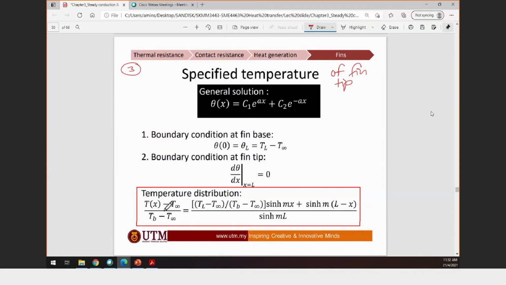So in the third case, where we assume that the fin tip has its own temperature, the temperature distribution will be in this kind of form. Again you have the hyperbolic function, but in a longer form of equation.